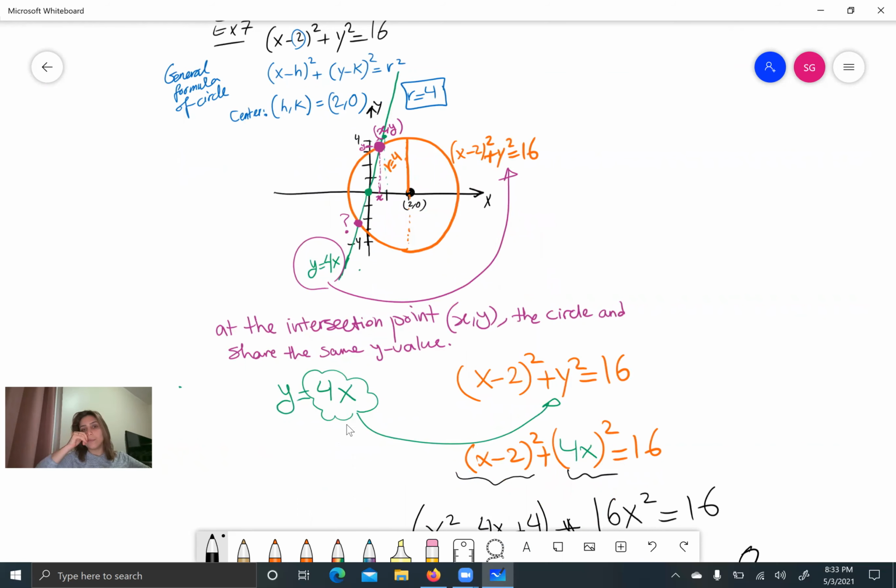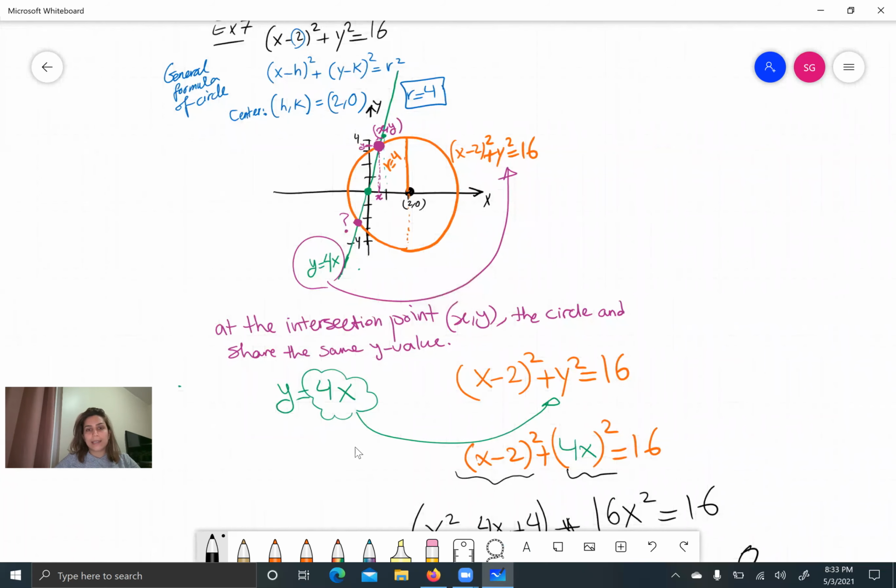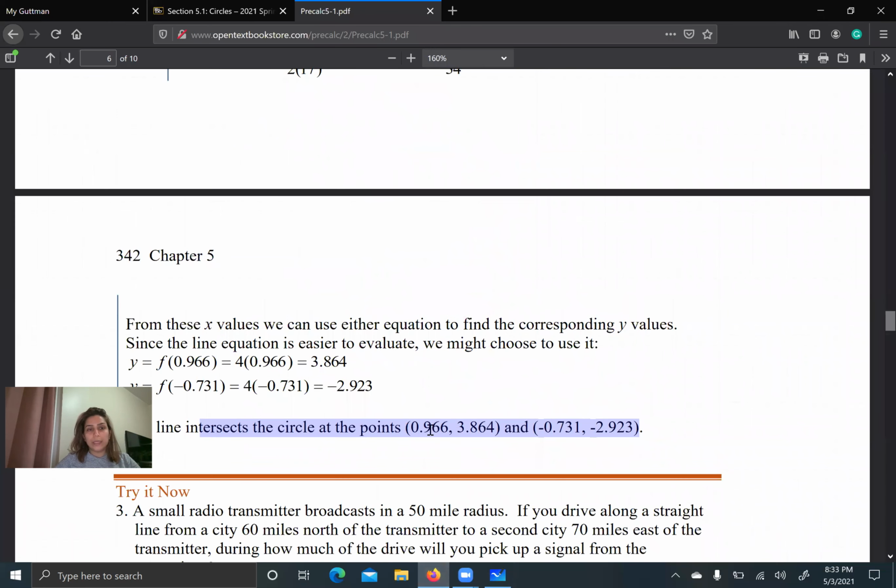So you can take 4x as the output from the function of the line. Sorry, a circle is not a function; 4x comes from the function of the line. You can just substitute it into the y value of the circle's equation and then solve for x. In that way, you can find the x values corresponding to these intersection points.